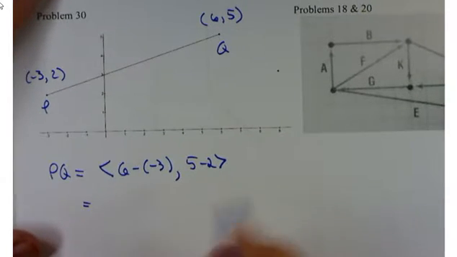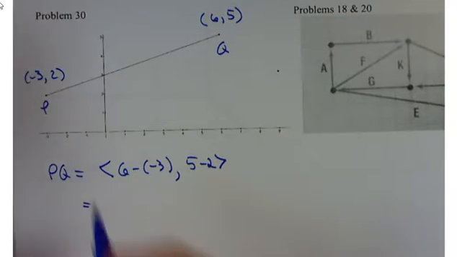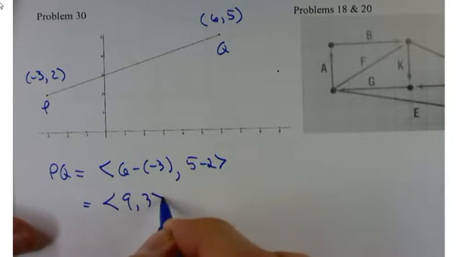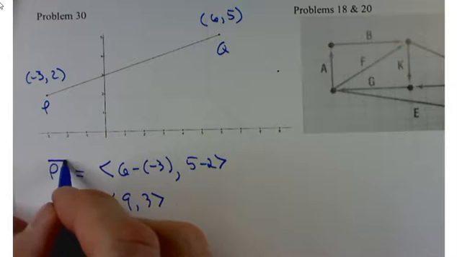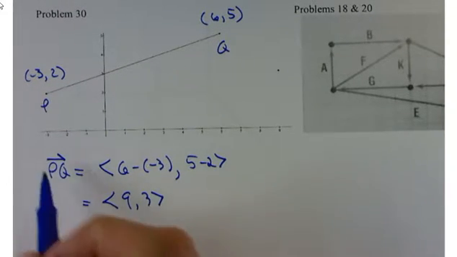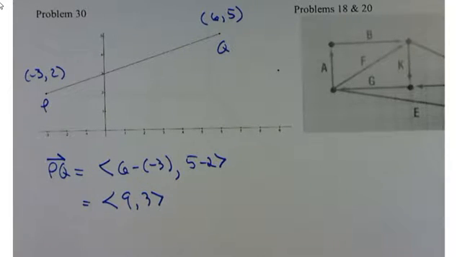Of course, that simplifies. I've got a vector with coordinates of 9 and 3. Sometimes you put a little arrow like this, meaning you're starting out here and you're ending up here.